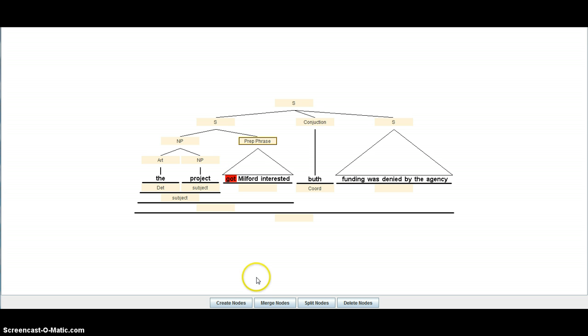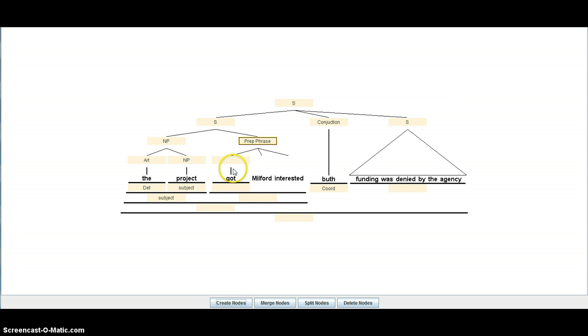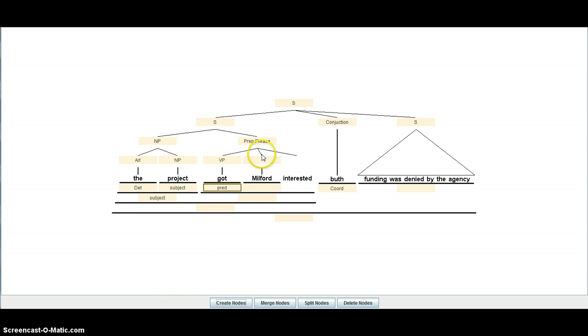Whereas got is the VP, and that happens to be just the predicate. And then Milford is the direct object. And interested is the object complement, because it refers to, modifies Milford.